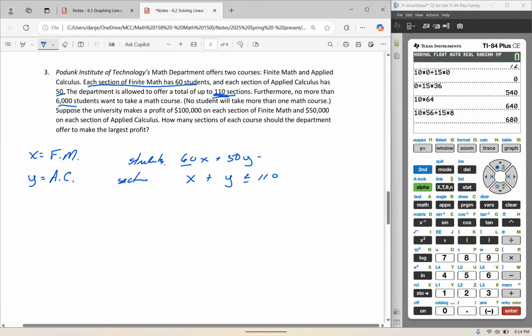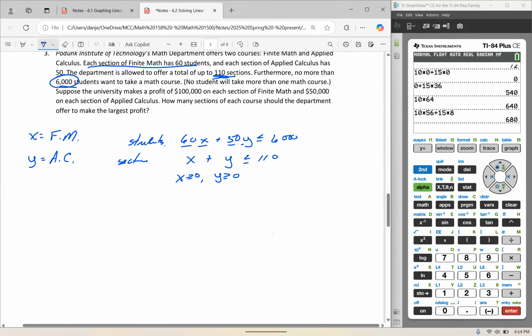Students per section, 60 students per section of finite math, 50 students per section of applied calculus, has got to be less than or equal to the total of 6,000 students. Also, X, the number of sections of finite math, must be greater than or equal to 0. Y, the number of sections of applied calculus, must be greater than or equal to 0.